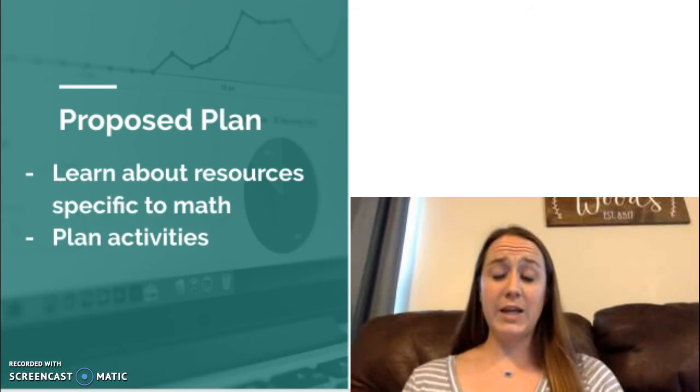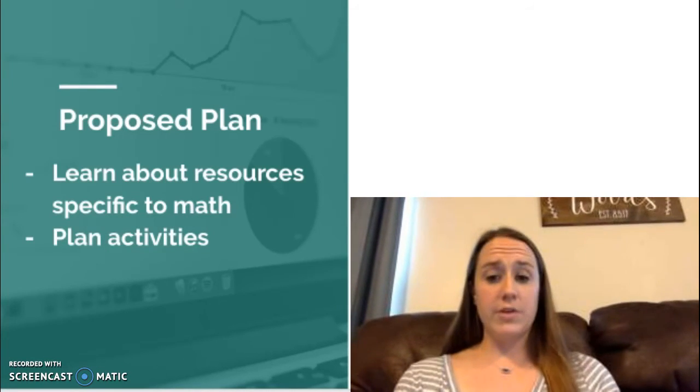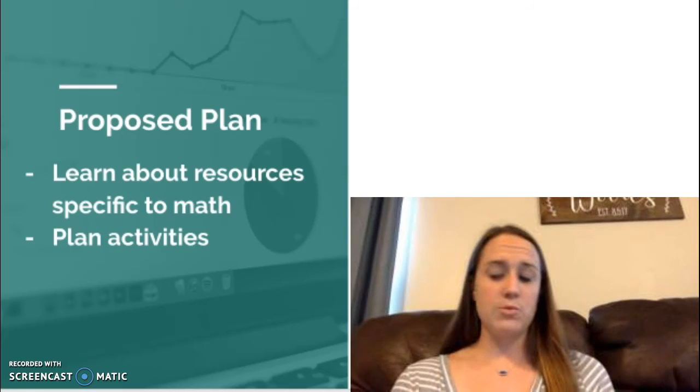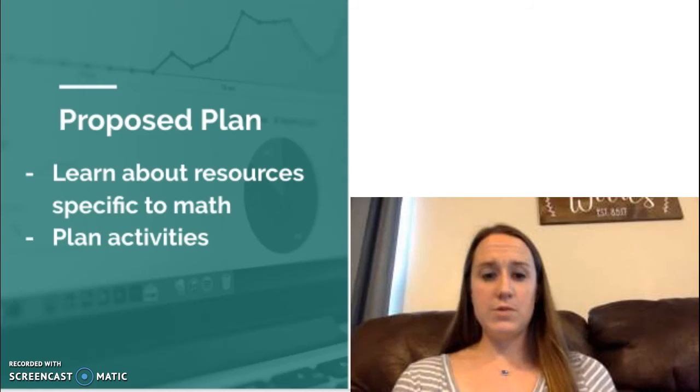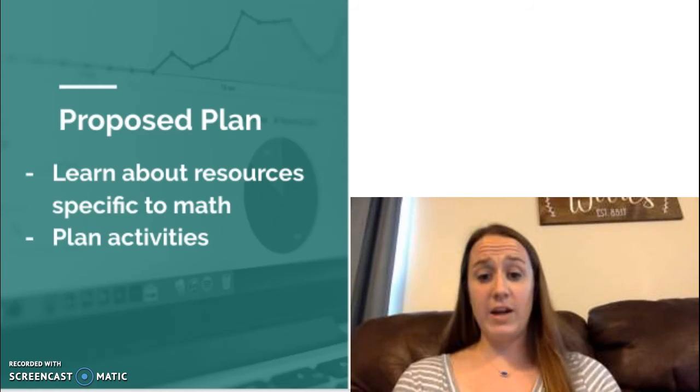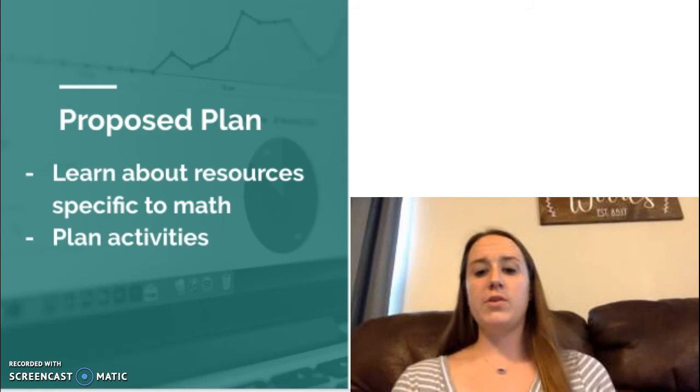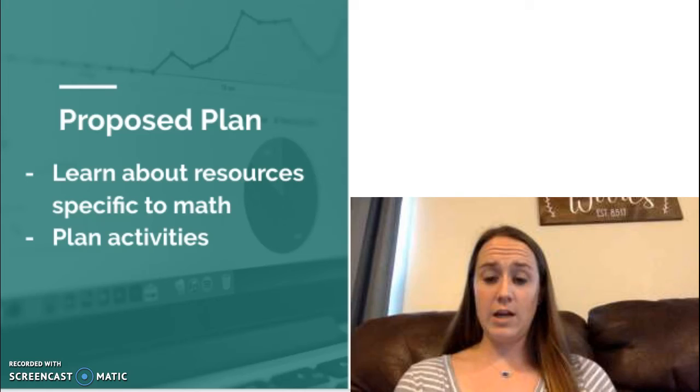My proposed plan: I just need to learn about the resources that are specific to math, because I'm sure there are ways out there that help with not having paper and pencil to use on technology. I just need to learn and find those ways. And then once I learn about those ways, I need to plan activities and take the time to see how I can incorporate those into my classroom.